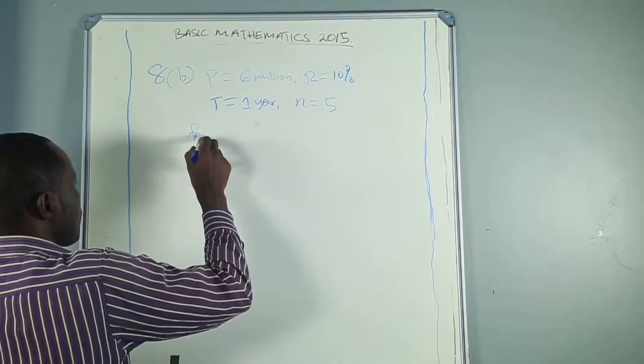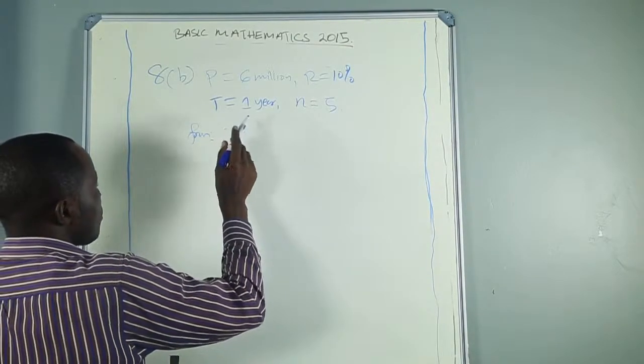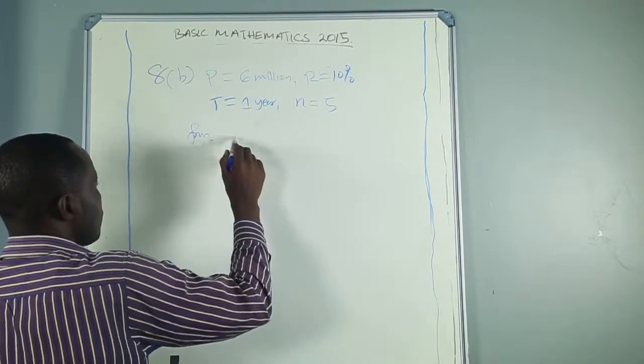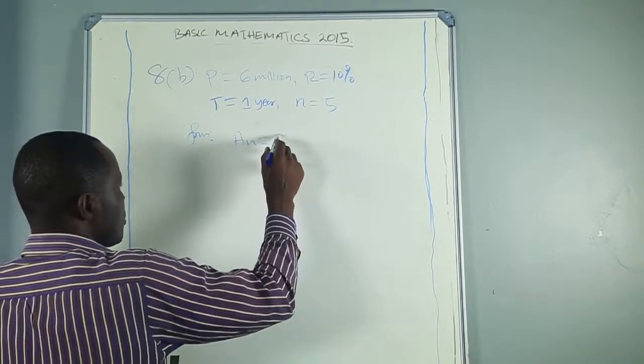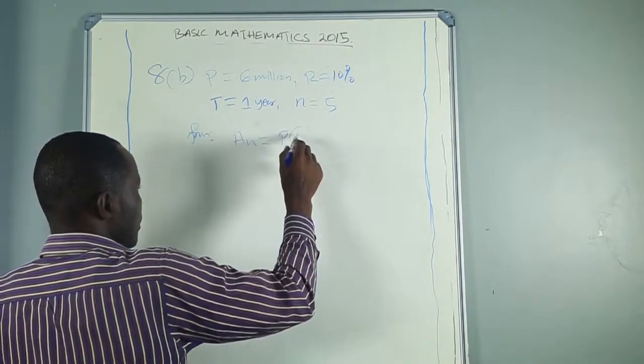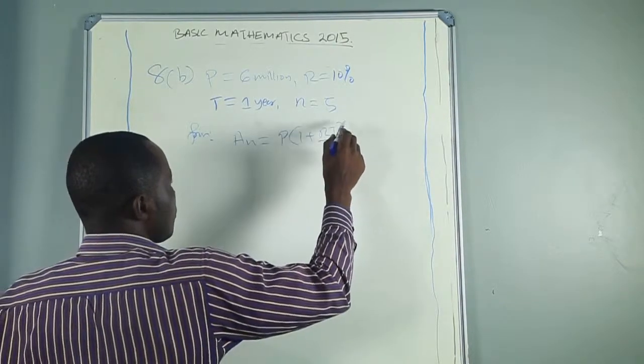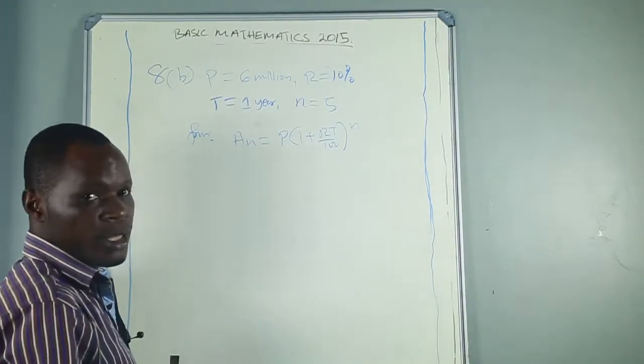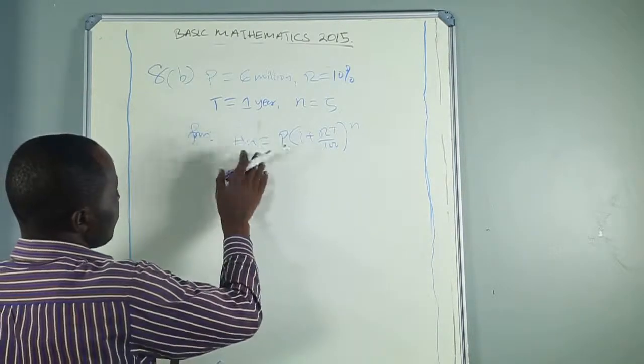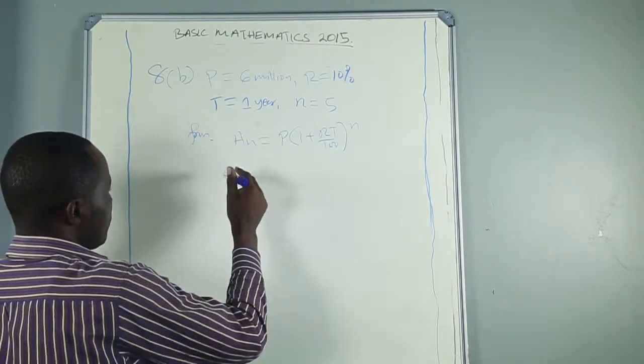Then A_N is equal to P times (1 plus RT over 100) to the power N, where N is the number of years.